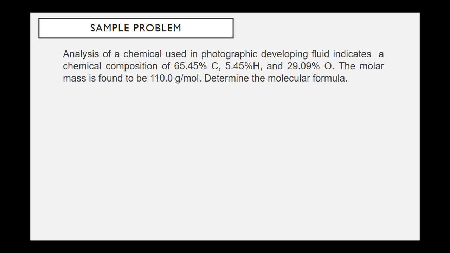First, we have to compute for our empirical formula. So, kagaya na ginawa natin kanina, we have to get the grams. And since naka-percent naman na, we will just divide it to 100 and multiply it to 100 grams, you can see that we have 65.45 grams C, 5.45 grams H, and 29.09 grams O. So once we get the grams, so we will get the moles.